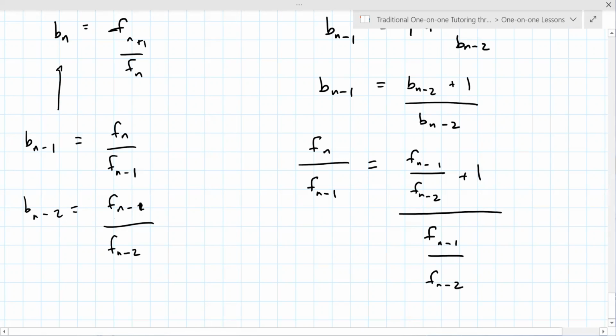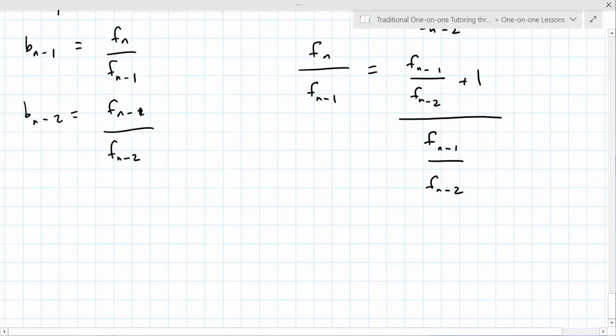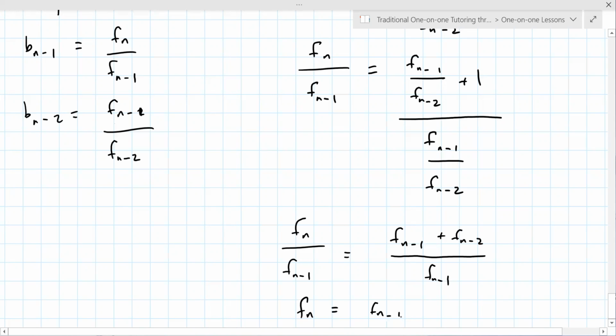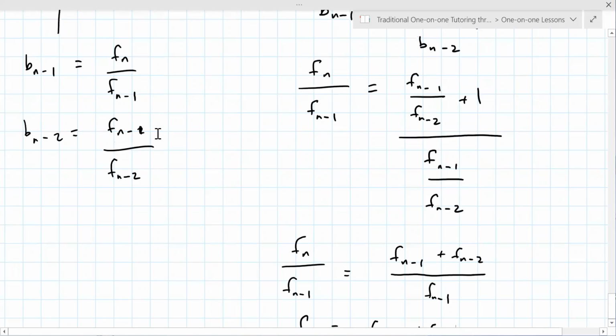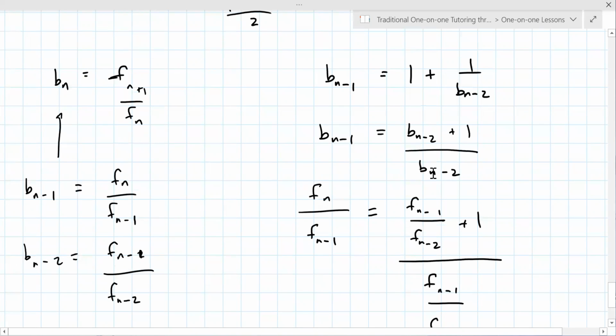We don't think we're going to get this, but let's see. This becomes Fn minus 1 plus Fn minus 2 over that, but that cancels Fn minus 1. All we did is prove the Fibonacci thing, because that just says Fn equals Fn minus 1 plus Fn minus 2. That didn't work. We seem to be on a better path over here.